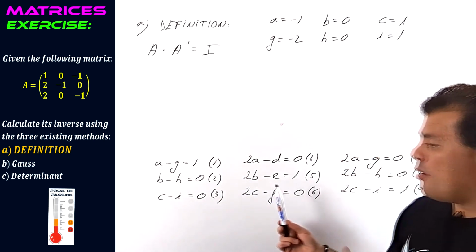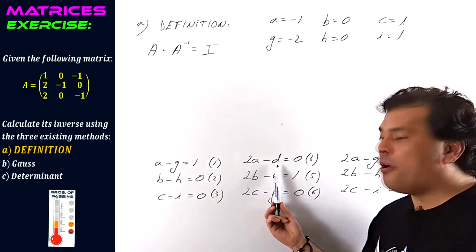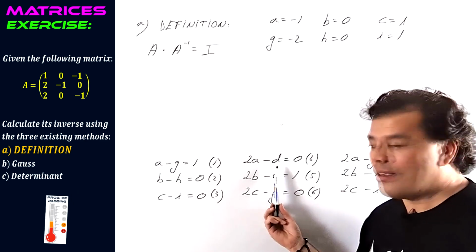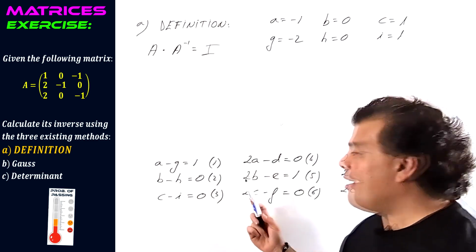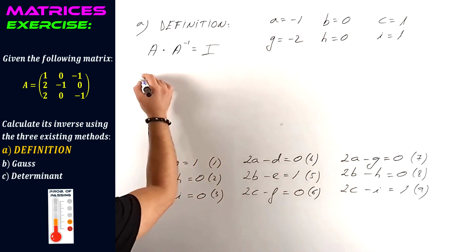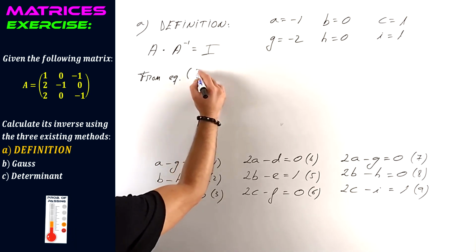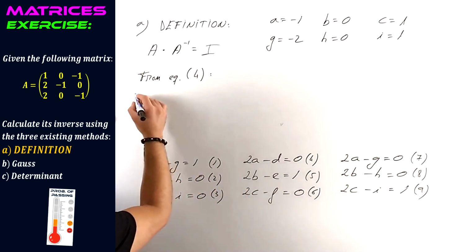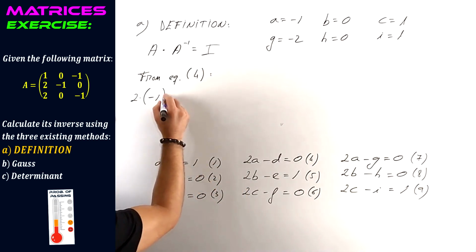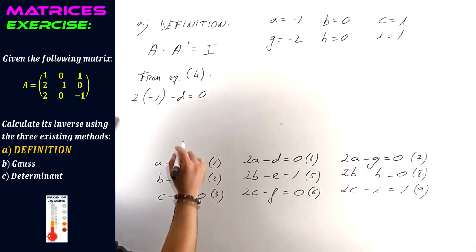Well, why don't we use equation number 4 to know the value of variable D, as we already know the value of A. Let's use equation number 4. From equation 4, 2 times A, that is 2 times negative 1, minus D equals 0.